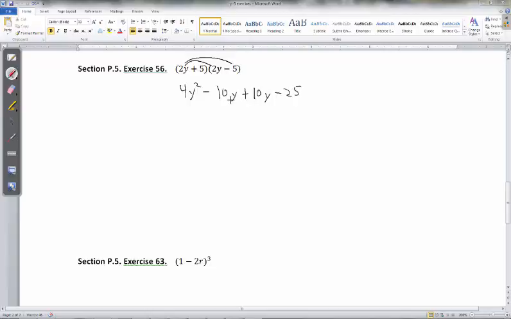Now notice what happens with the cross terms here. The negative 10y and the 10y subtract and go away. So all you're left with is 4y squared minus 25.